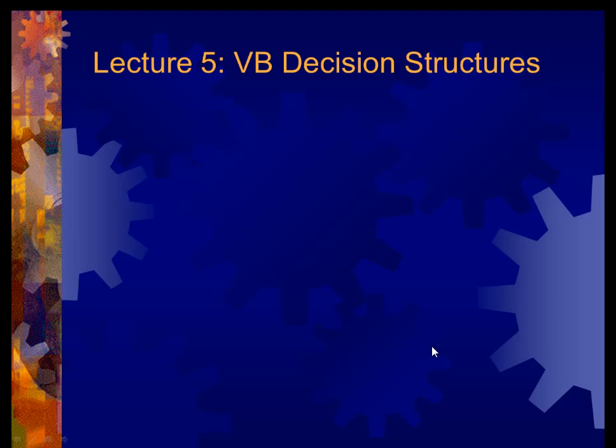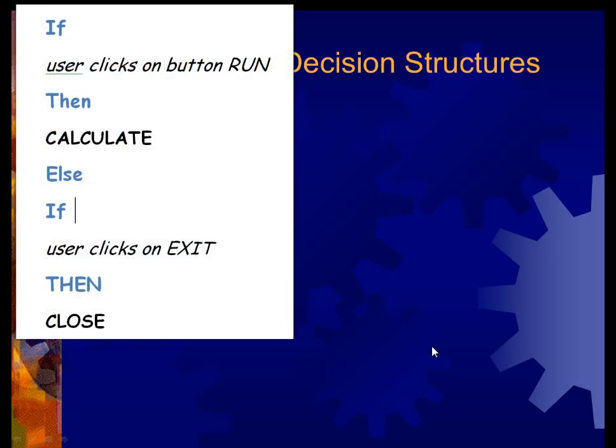That's obviously really important in programming, because you want your programs to do one thing based on something that happens. The user clicks one way, or the user clicks another way. A number is greater than something, then you want one thing to happen. A number is less than something, you want something else to happen.